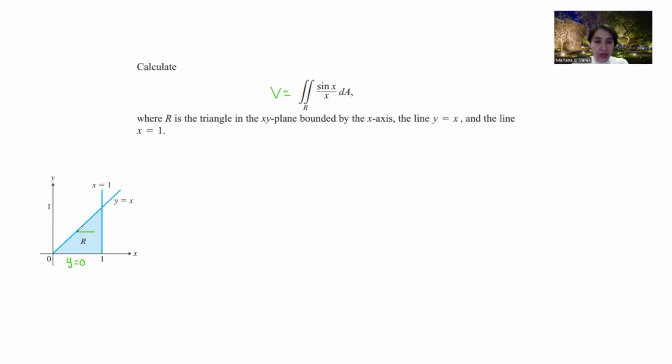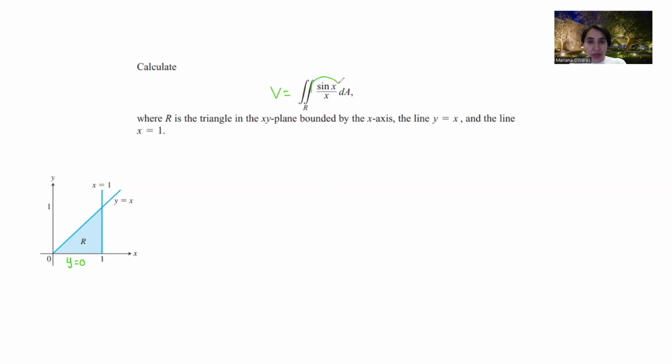That means that we can do it getting in by this line and going out by this one, which means to have an integration first with respect to x, or we can do it in this direction by getting in this axis and going out in this line. So the region is not the problem.